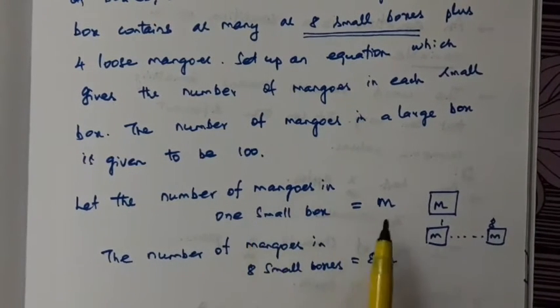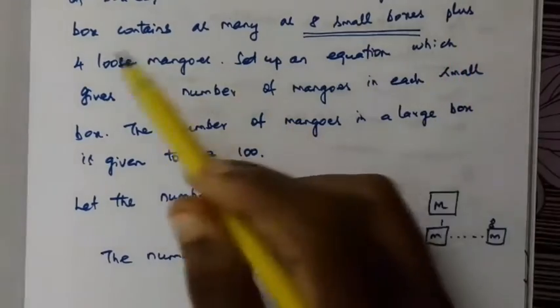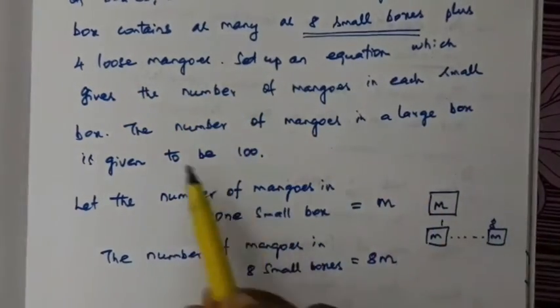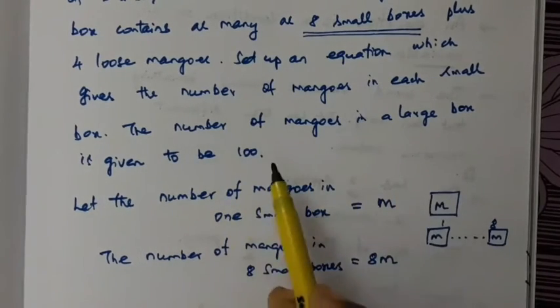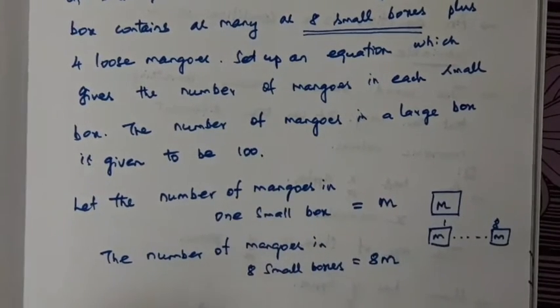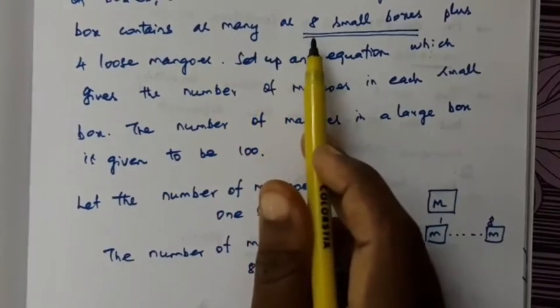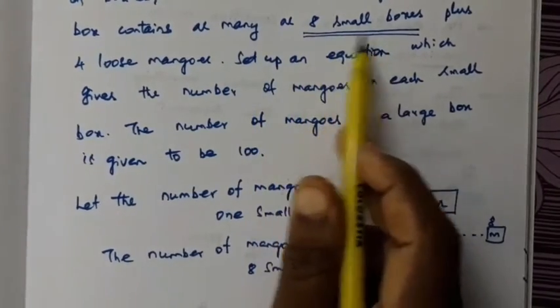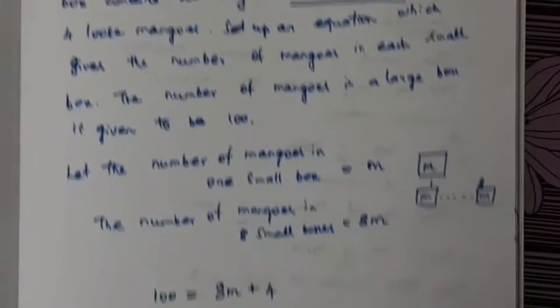One box has m mangoes, 8 boxes have 8m mangoes. Now the number of mangoes in a large box is 100. It contains as many as 8 small boxes, which have 8m mangoes, so 8m plus 4 loose mangoes.